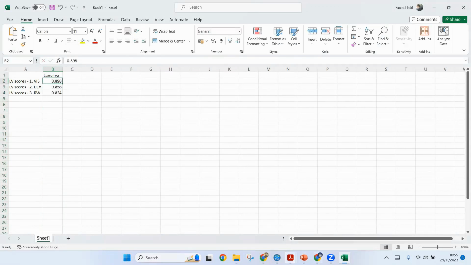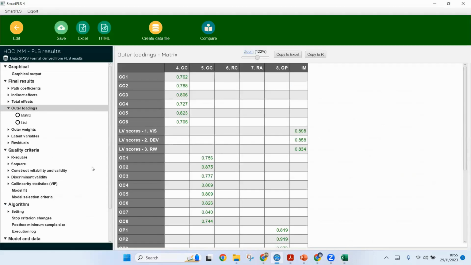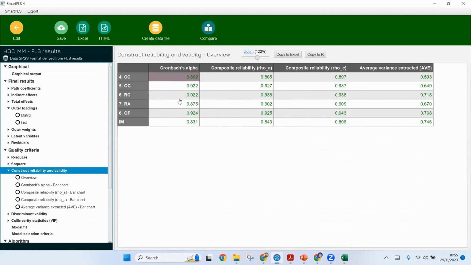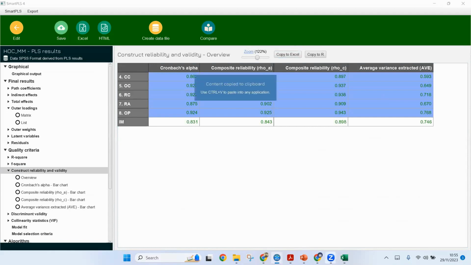Now, similarly, once you have done the loadings, open the report. Now check for reliability and validity. I've already reported the reliability and validity of these. So I'm only interested in the last one. So copy it to Excel.